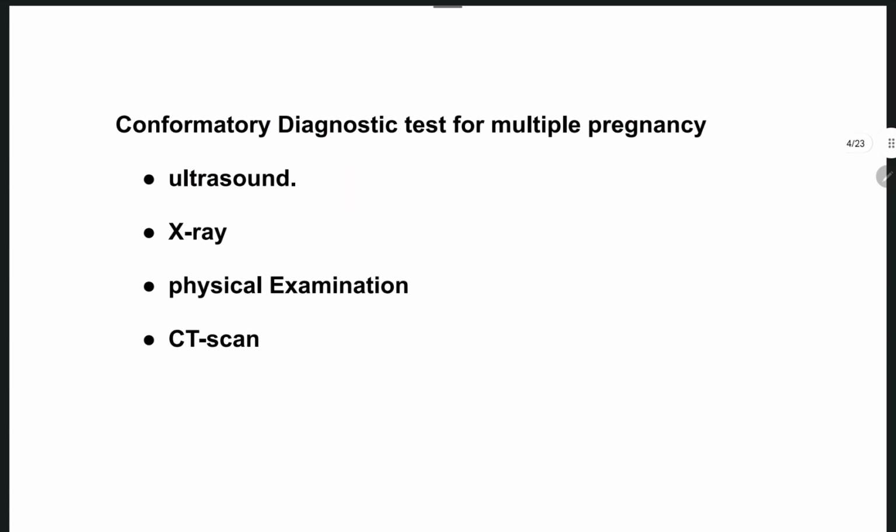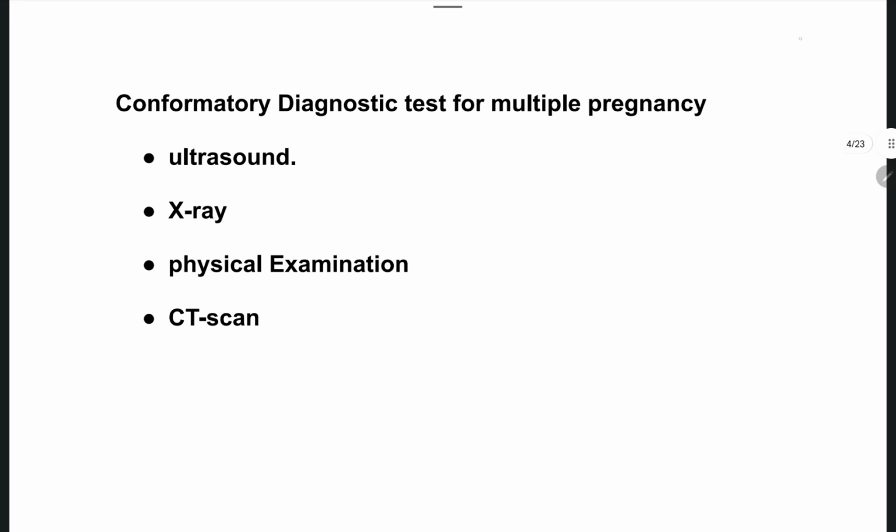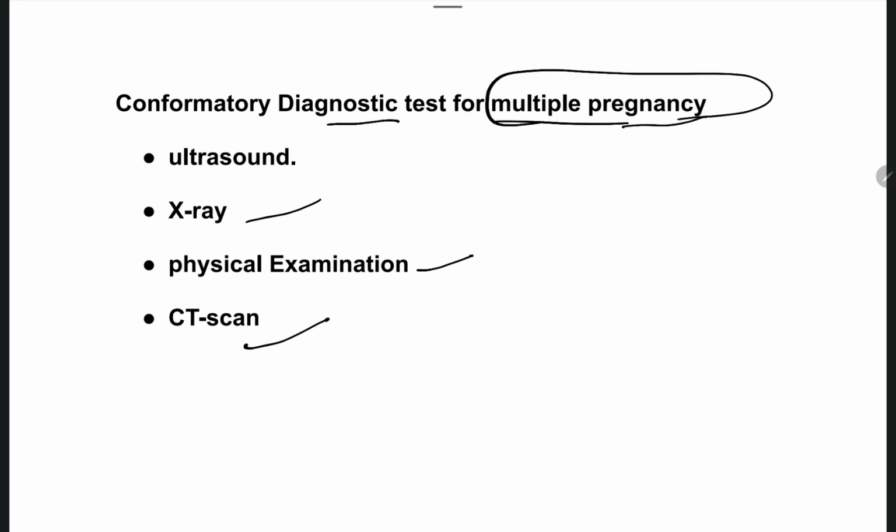The next one is a confirmatory diagnostic test for multiple pregnancy. The options are ultrasound, X-ray, physical examination, CT scan. Multiple pregnancy is when the mother is having more than one baby.